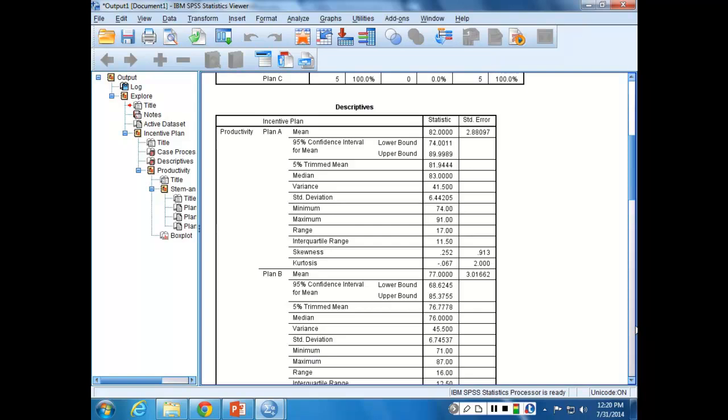It has the mean, the confidence interval for the mean, the trimmed mean. We haven't covered that here, but what that is, at 5%, means if you have extreme values, it just trims and gets rid of the top and bottom values, and so you get the mean without those extreme values. The median, the variance, the standard deviation, and some other things.